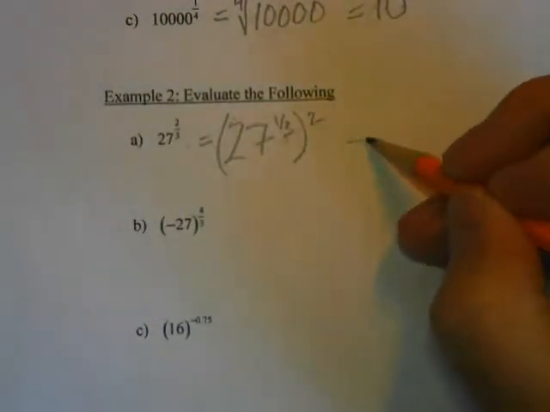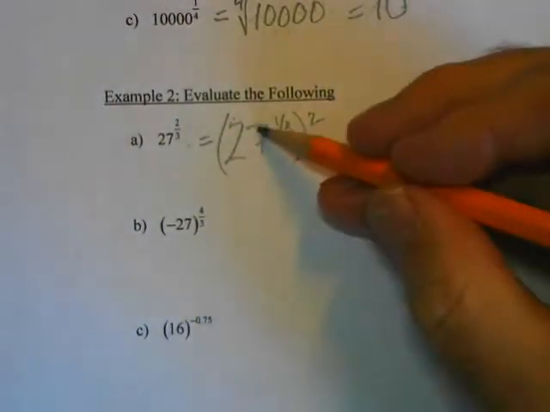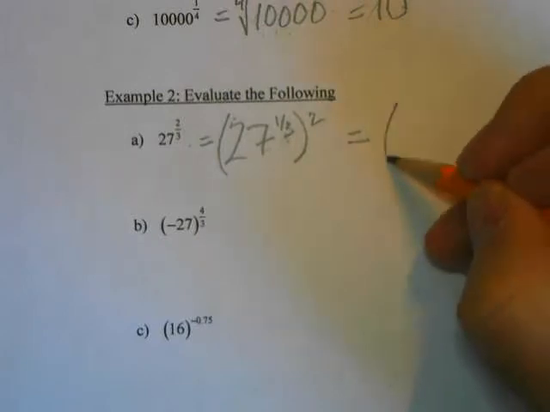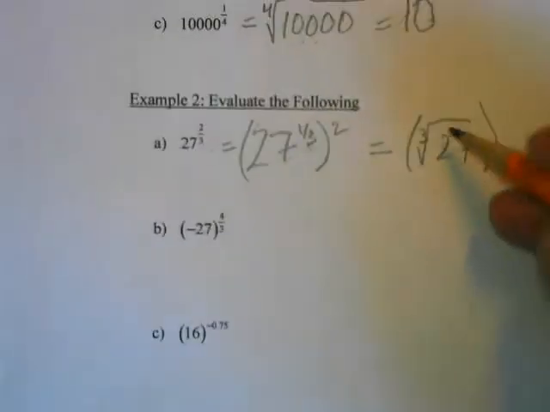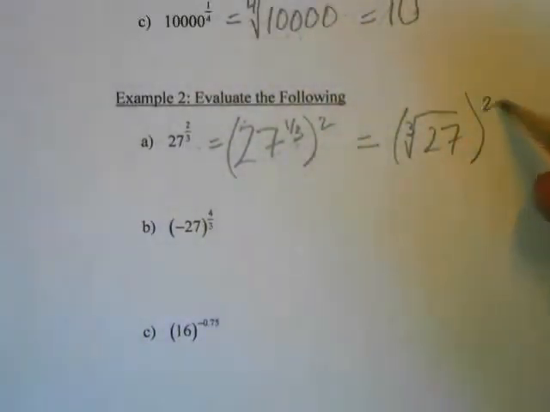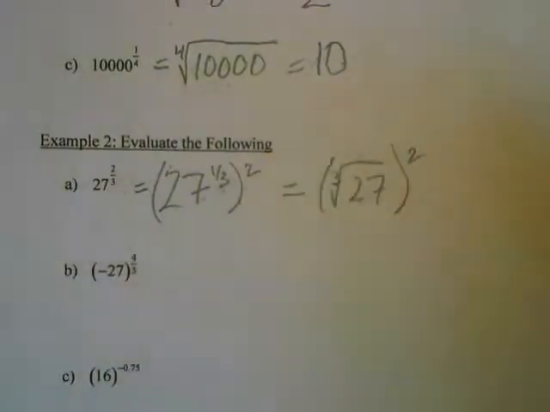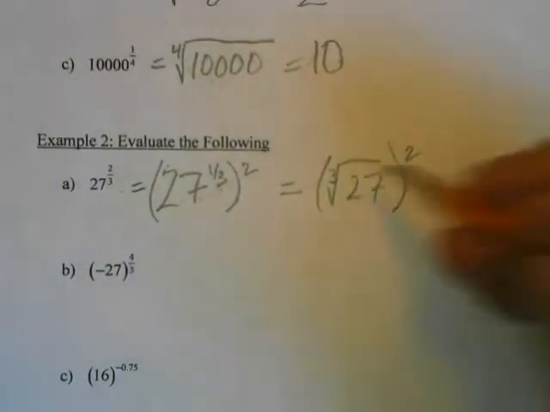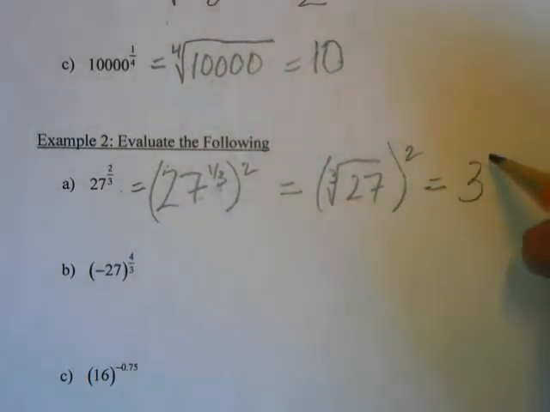Okay, so if we do it this way, I'm basically saying, the 27 to the power 1/3, that's just the cube root of 27. And whatever that is, I'm going to then square the answer. So the cube root of 27, after a while you get good at these, I know that's 3. So this thing in brackets is equal to 3, and then I'm going to square it from the square here.